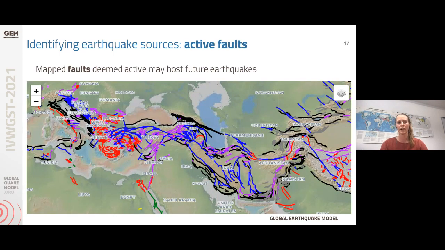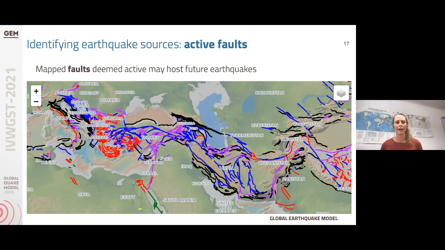Zooming in a little bit to identify more specific structures, active faults are a super useful way of determining more precisely where an earthquake could happen. So active fault databases include mapped faults that are deemed active and can be characterized using a few specific values such as the slip rate. We'll go into that a little bit more later on in the presentation.